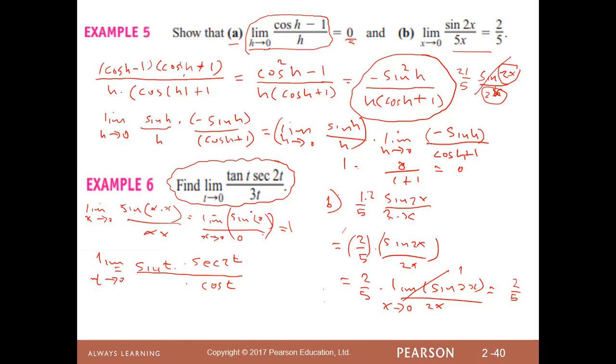So 3t, we can just put t here, and we could put 3 here. We know that this part will give us what we want, which is 1. The limit as t goes to 0 of sine t over t gives us 1.